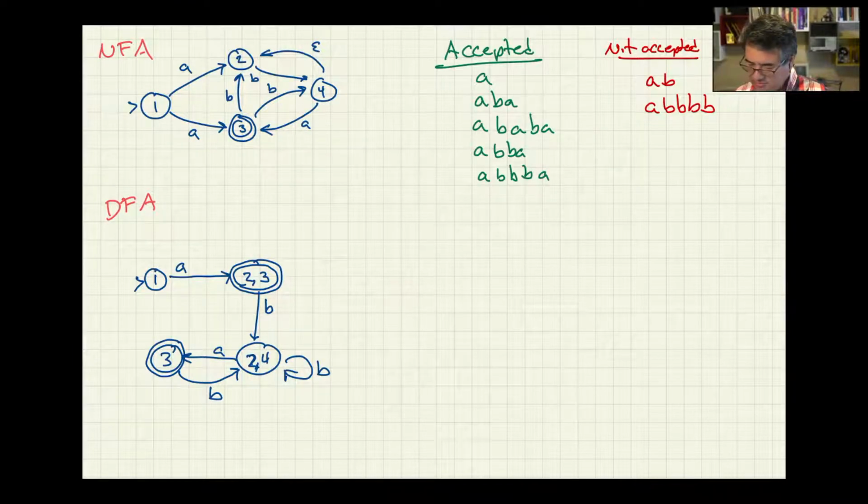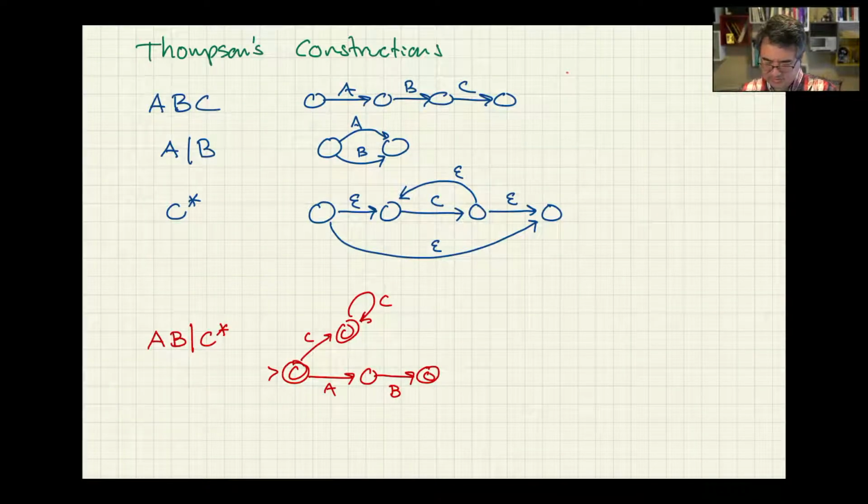So let me introduce you to something called Thompson's constructions. These are a way to take any basic regular expression that uses the alternation, the star, or the grouping, and turn it into an NFA.